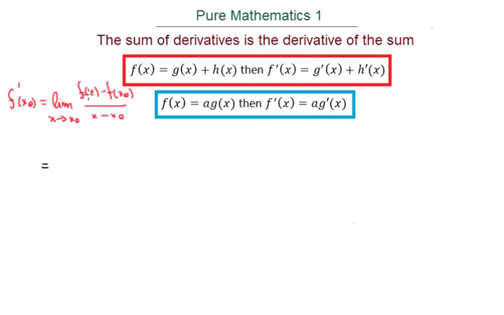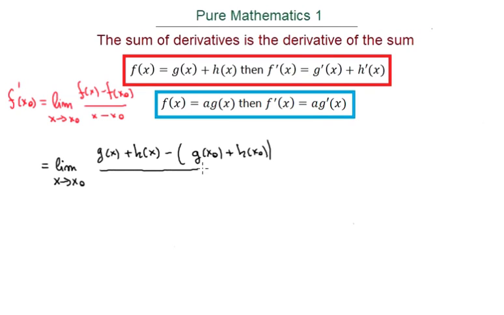We know that f of x is g of x plus h of x. So we will write this as limit when x tends to x0. Instead of f of x, we will write g of x plus h of x, minus, instead of f of x0, we will write g of x0 plus h of x0, over, again, x minus x0.